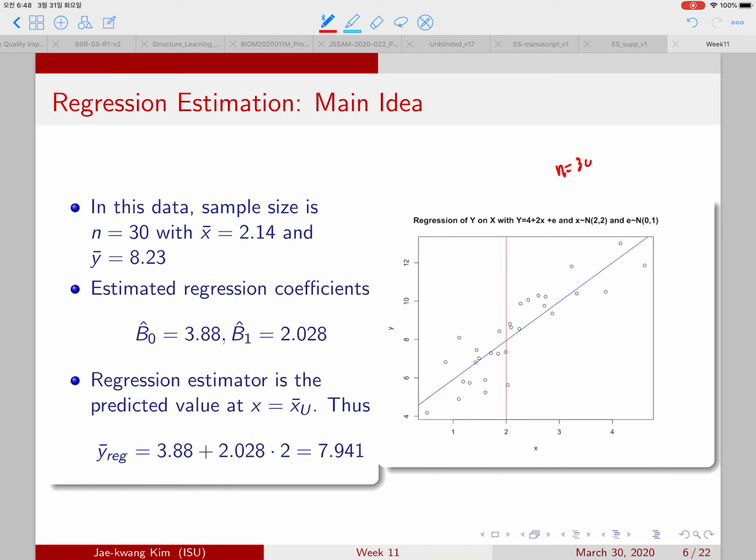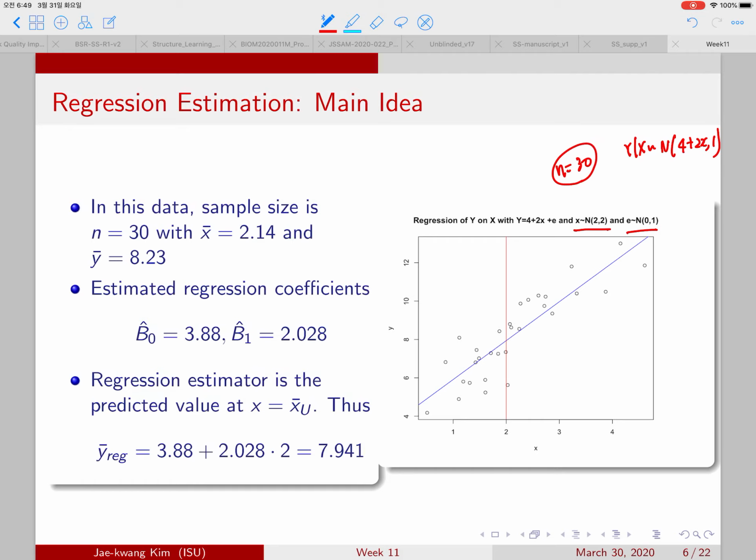We have 30 samples from x normal with mean 2 and variance 2, and with the error term, y given x is normal with mean 4 plus 2x and variance 1.